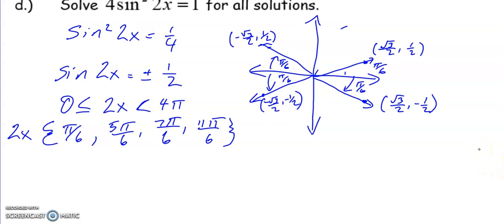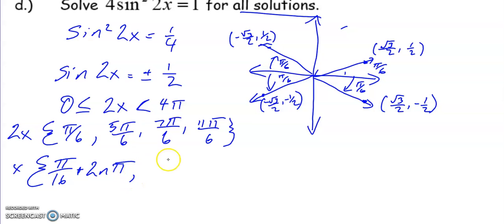Well, what are we going to do to all of those? We need to find x. So to find my x solutions, we need to divide all of these by 2 or multiply by 1/2. So we're going to have pi over 12 plus 2n pi, because it said for all the solutions, so we need to keep rotating around the circle.